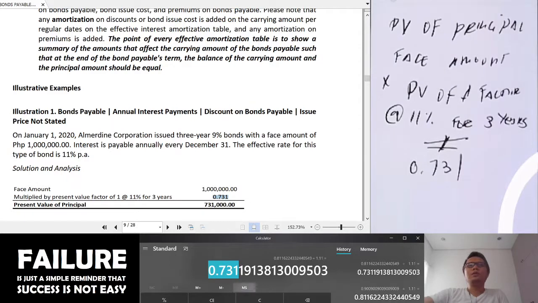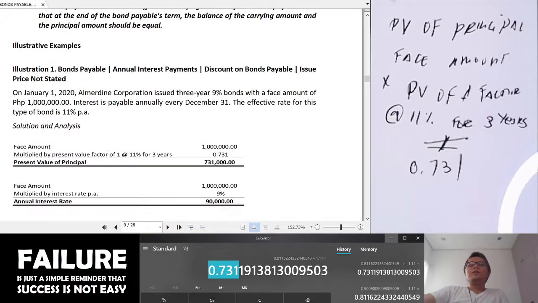Round to the nearest 3 digits only. So, the present value of principal is the face amount of 1 million multiplied by the present value factor of 0.731. So, that is 731,000.